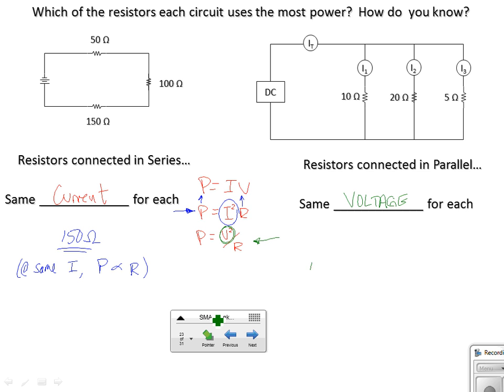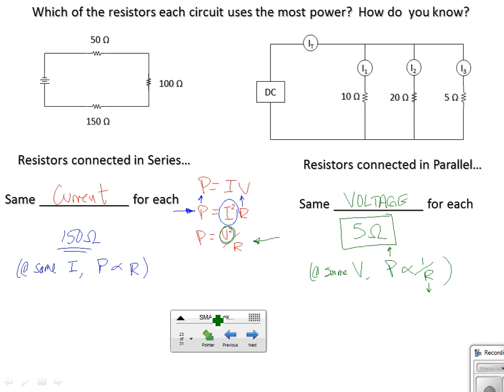So I'm going to say here, at the same voltage, power is proportional to the inverse of R. So this says that the smallest resistance gives us the biggest power. And that means the 5 ohm uses the most power here.